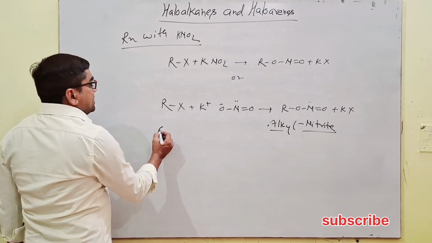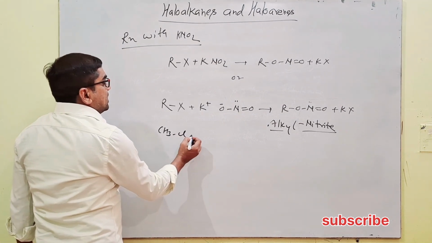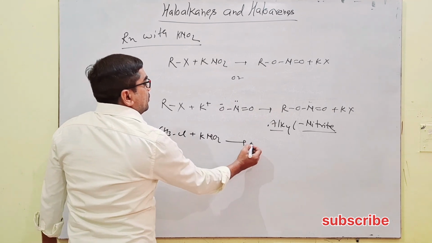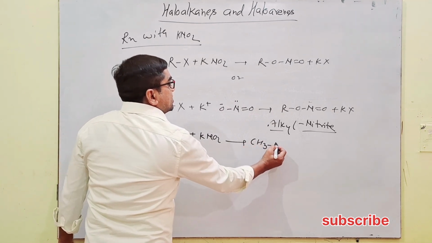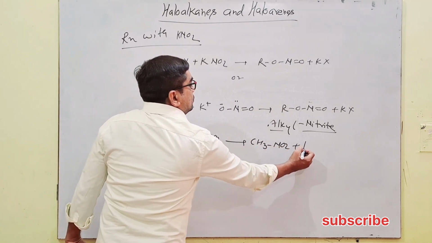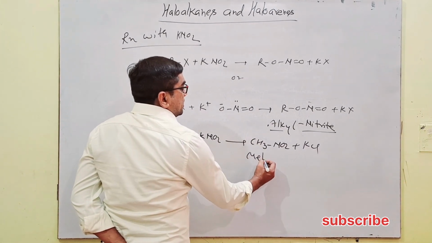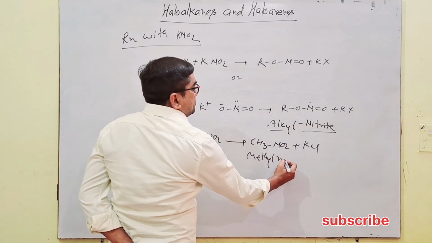Like CH3Cl reacts with KNO2, formation of CH3ONO with KCl. This is methyl nitrite.